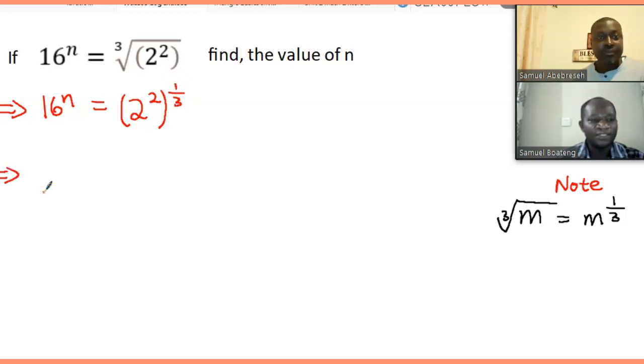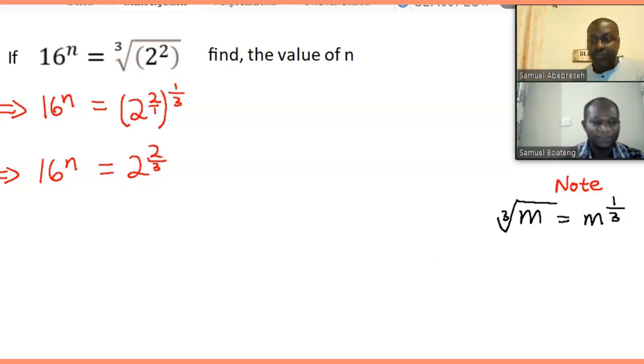So 16 raised to the power n is equal to, now on the right-hand side, we have 2 raised to the power 2 times 1/3 as one of the laws of indices.